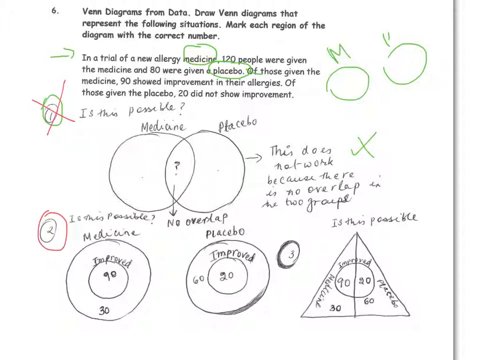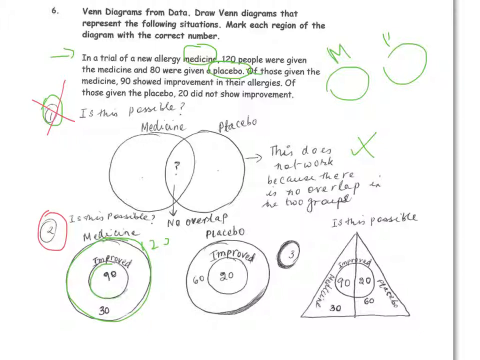Is this a possibility? So we draw a big circle for people who take the actual allergy medication. Out of the people who actually took the medication, which is 120 people total, 90 showed improvement.